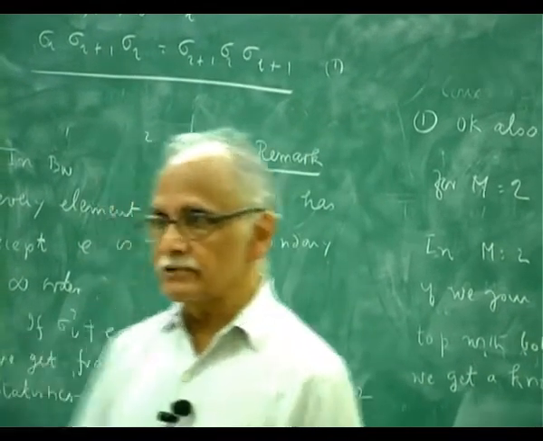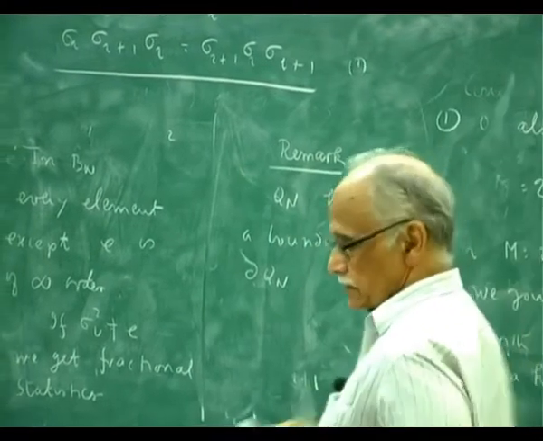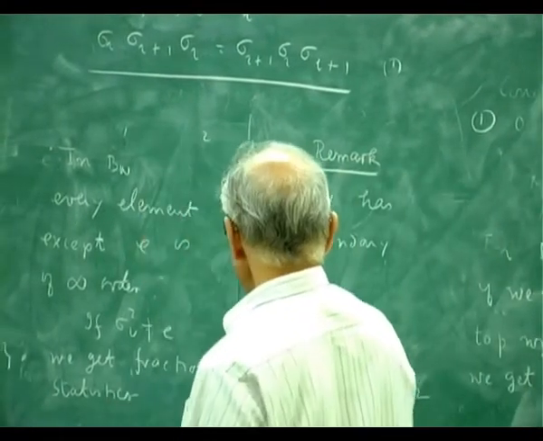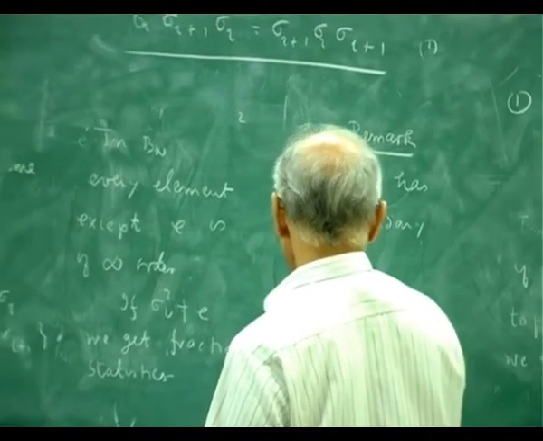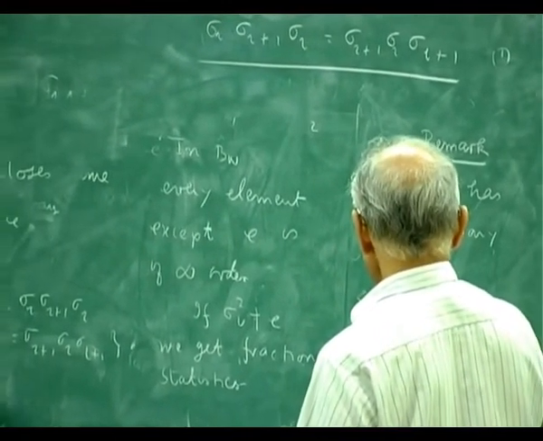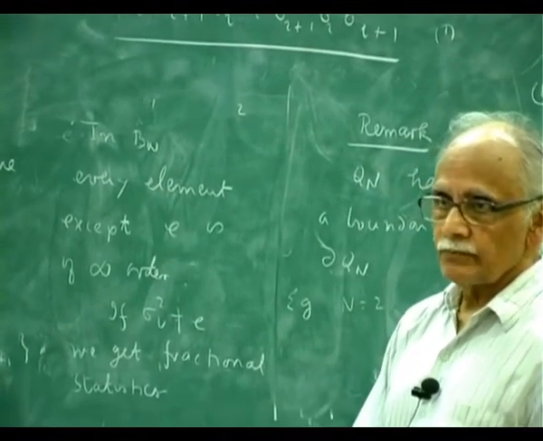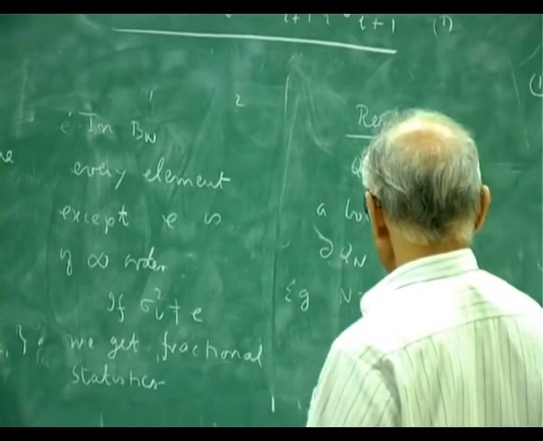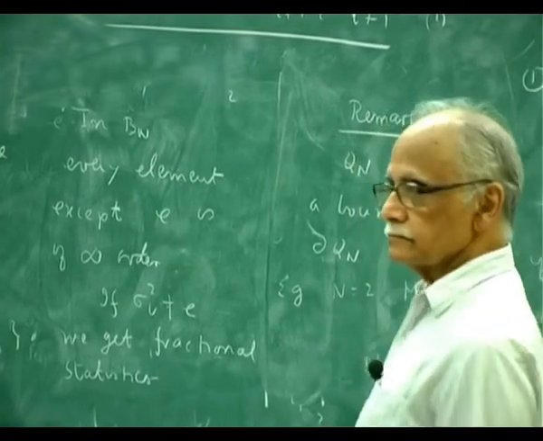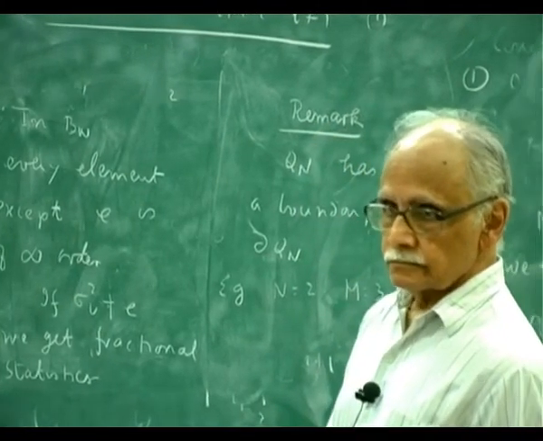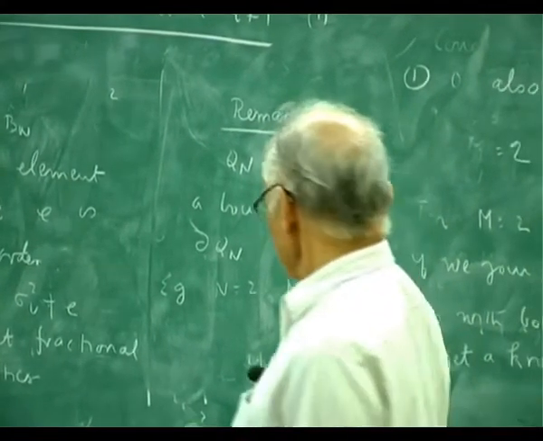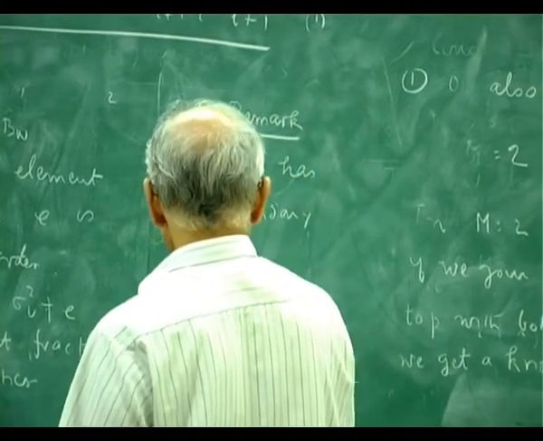It is not a manifold without boundary. I will tell you. For example, let us consider two particles. Let us consider m equal to 3. So in Qn, what happens here?